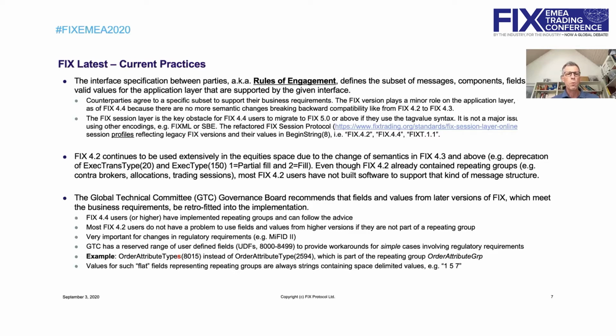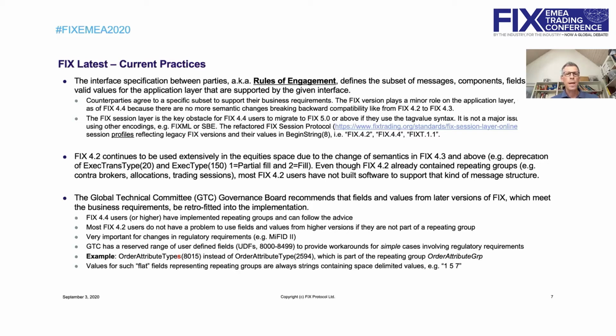For Fix 4.2, the regulatory requirements that caused a number of extensions in Fix were an issue, so that the GTC has reserved a range of the user-defined fields in the 8,000 to 8,499 range to then define sort of workarounds for simple cases of repeating groups needed for regulatory requirements of regulatory reporting. One example being the order attribute group containing one or more order attributes.